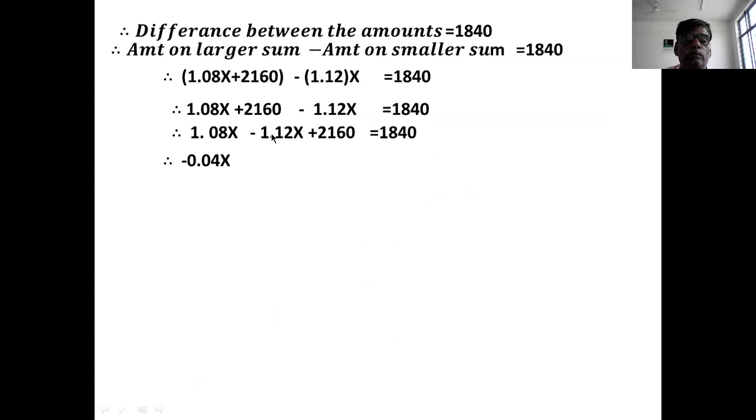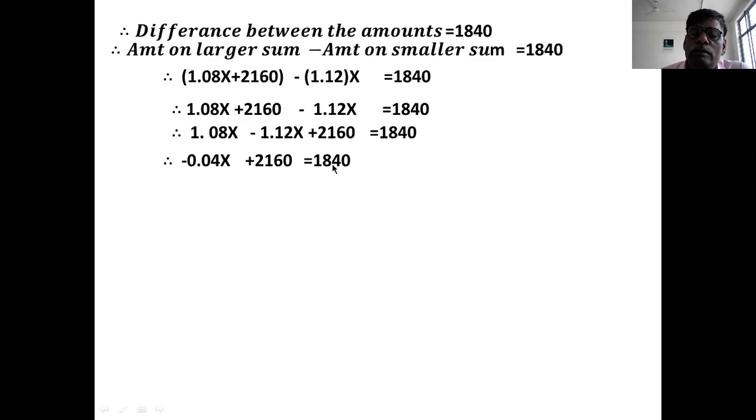1.08x minus 1.12x is equal to minus 0.04x. Okay. Plus 2160 is equal to 1840. Now what to do? You take this minus value to the right hand side, that will become plus.